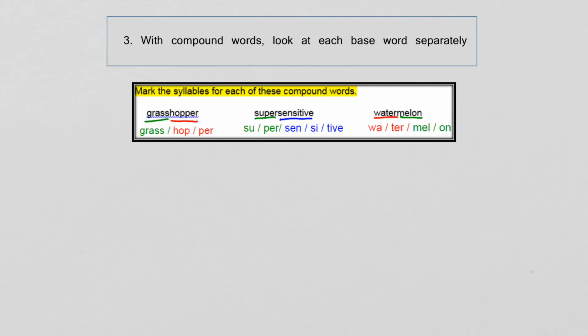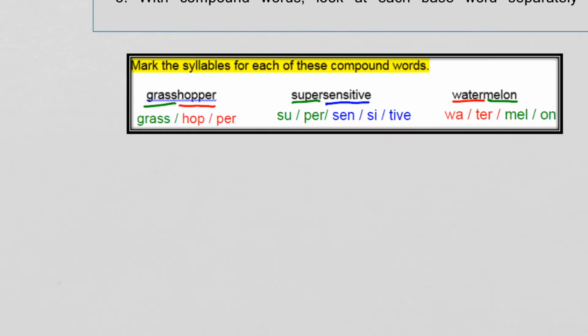But you notice, classroom is all one word. But if you look at it, you notice 2 words in that one word. You notice the word class, and you notice the word room. So a compound word is one word. It's spelled as one word, but you can see more than one word in it.